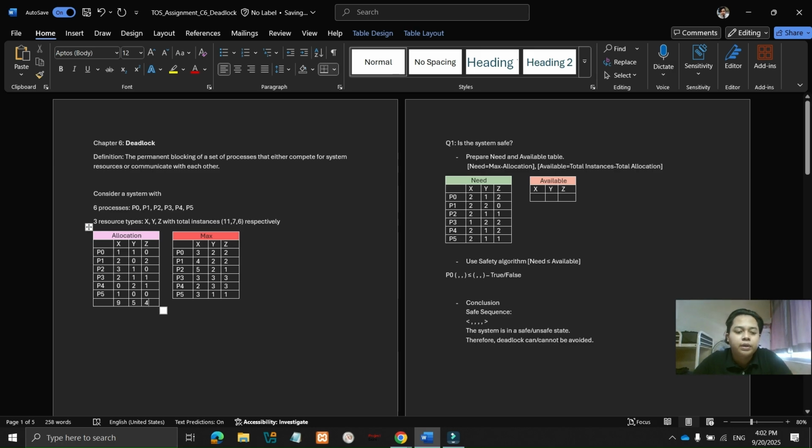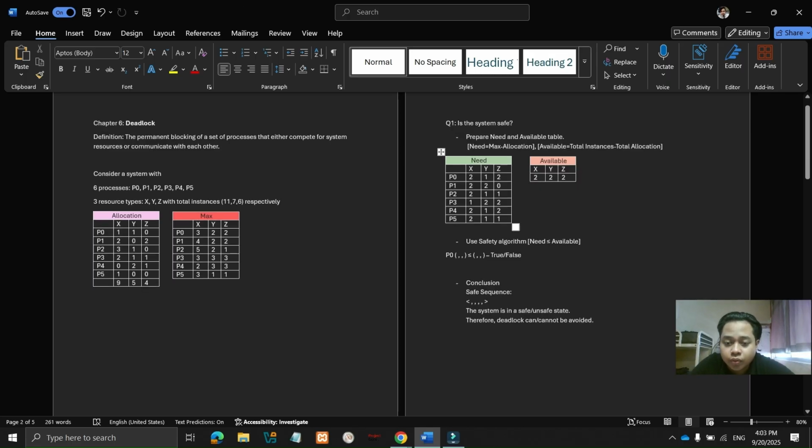So this is the total allocation, and we can find the available. For X, 11 minus 9 is 2. For Y, 7 minus 5 is 2. For Z, 6 minus 4 is 2. So we have the available table.